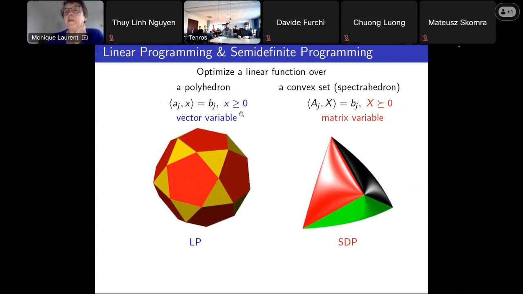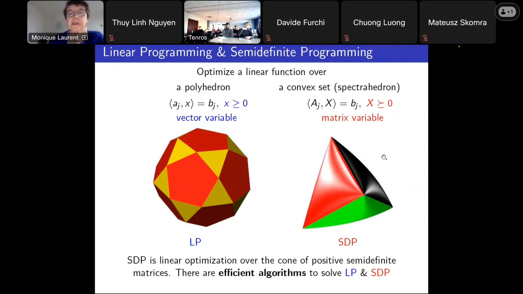And while in LP the variable is required to be entry-wise non-negative, in SDP the matrix variable is required to be positive semi-definite. So the matrix is required to have non-negative eigenvalues. And so SDP would optimize a linear objective function over a feasible region which may look like this. So now it's a convex, but non-polyhedral, feasible region.